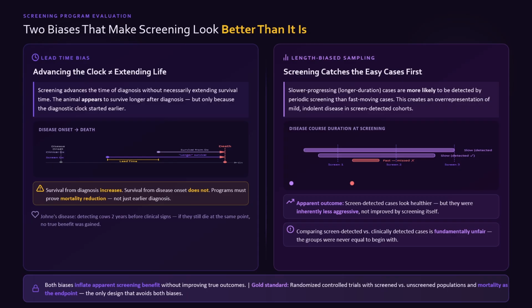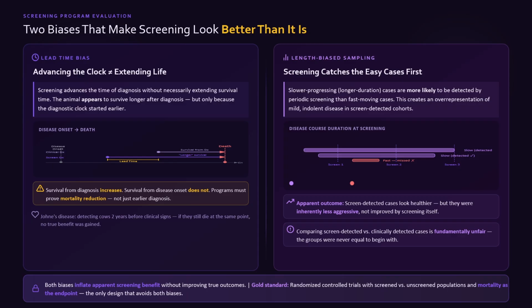The slow, indolent cases sit in that preclinical window long enough to get picked up. The result is that screen-detected animals look like they do better, but partly because the screen was scooping up the mild cases that were going to do well anyway. You're comparing two groups that were never the same to begin with.